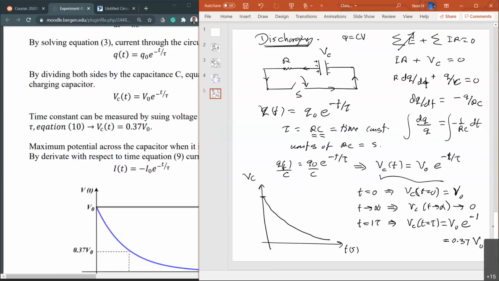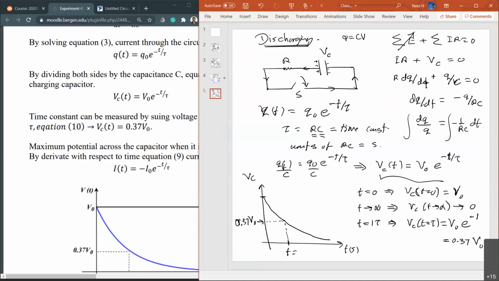Okay, so that means all we have to do, if I want to find the time constant on the discharging capacitor, you have the circuit and then you have the graph on your oscilloscope. All we need to find out is the 37 percent of V0, that point on your y-axis, 0.37 of V0, then you go downward to the x-axis and find the time there.